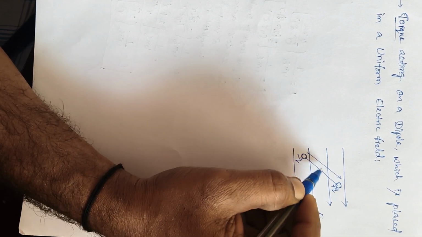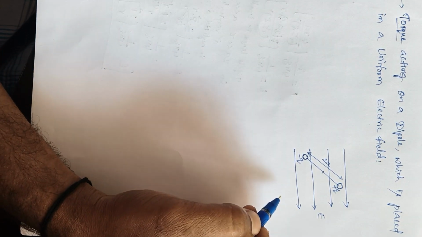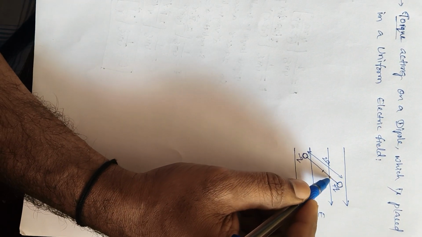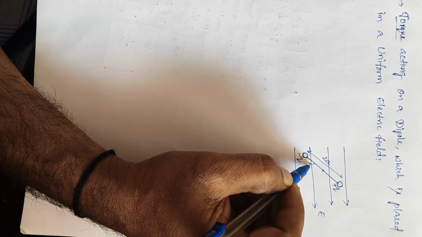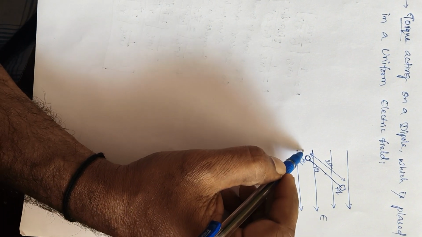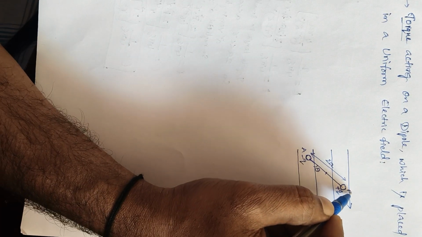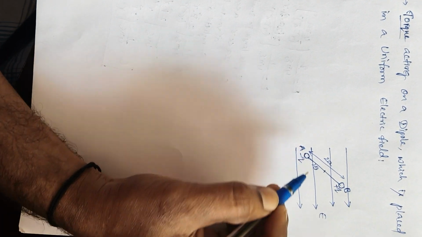So it is an electric dipole. Right. It is placed in a uniform electric field and makes an angle theta with the field. The ends of the dipole are considered as A and B.